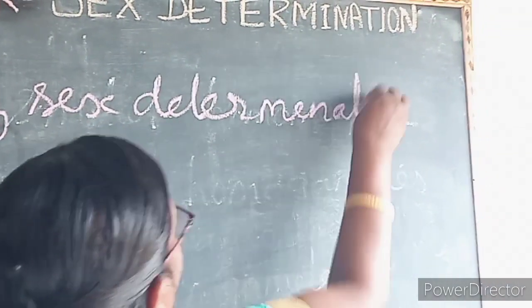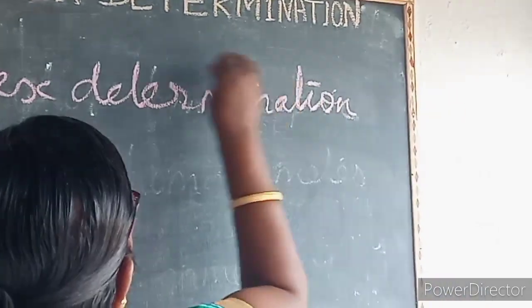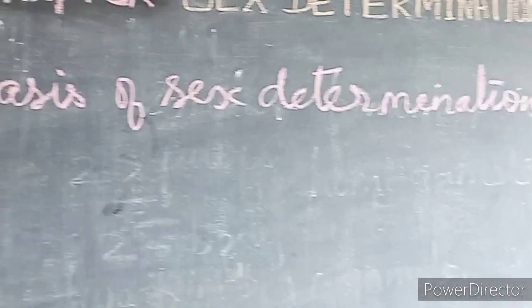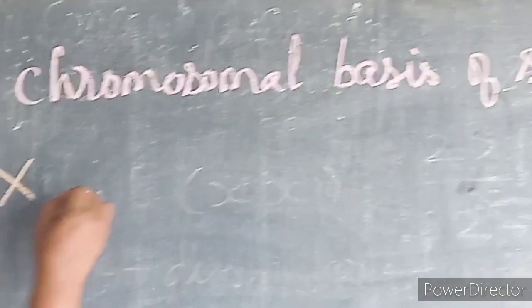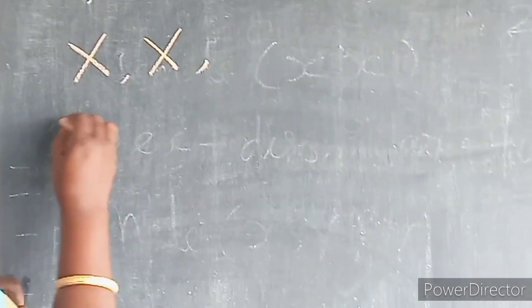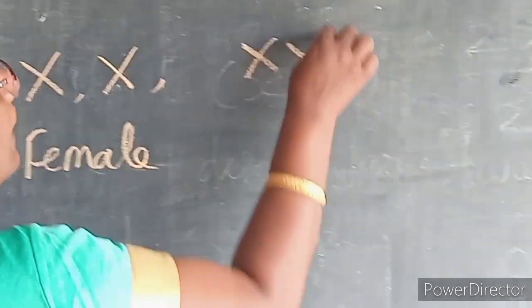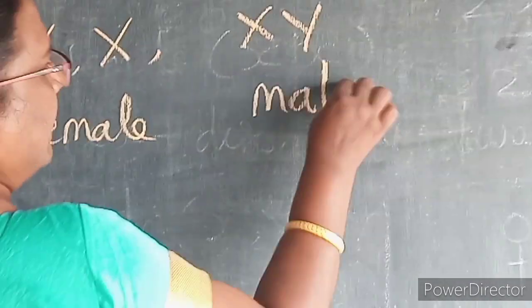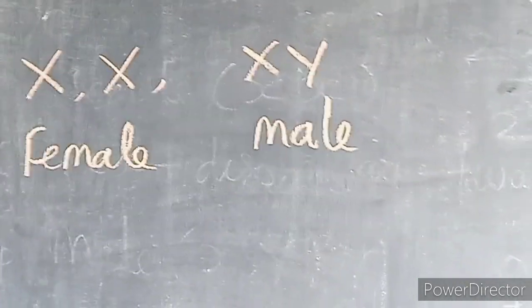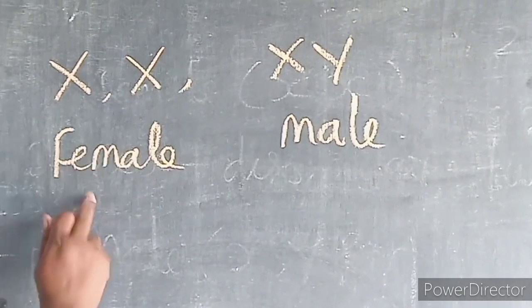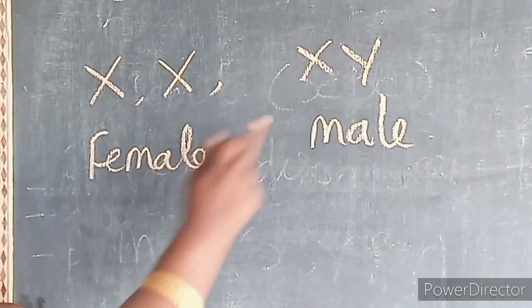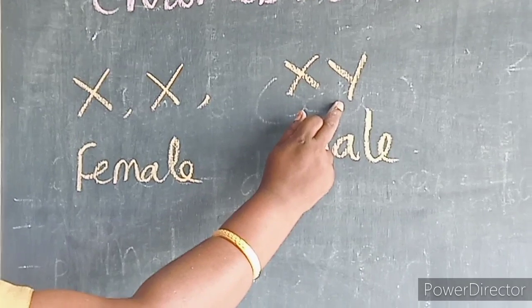There are two types of gametes, one is X and the second one is Y. XX determines the female, and X and Y determines the male. If the gametes are similar, it is called homomorphic. If the gametes are dissimilar or different, it is called heteromorphic.